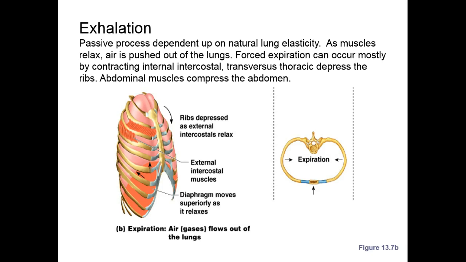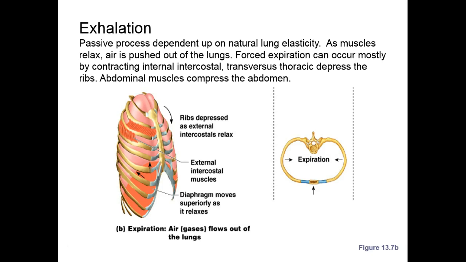Forced expiration, this is if you want to force out more than what is normal. Normal breathing is tidal volume. And forced expiration can happen if you contract more muscles. Sometimes you see that in people who are air hungry, or they have respiratory problems where they're actually recruiting other muscles to breathe in and breathe out. A lot of times that's breathing out.